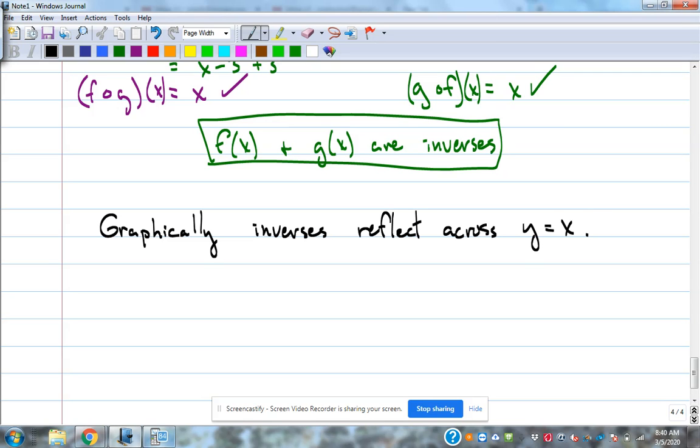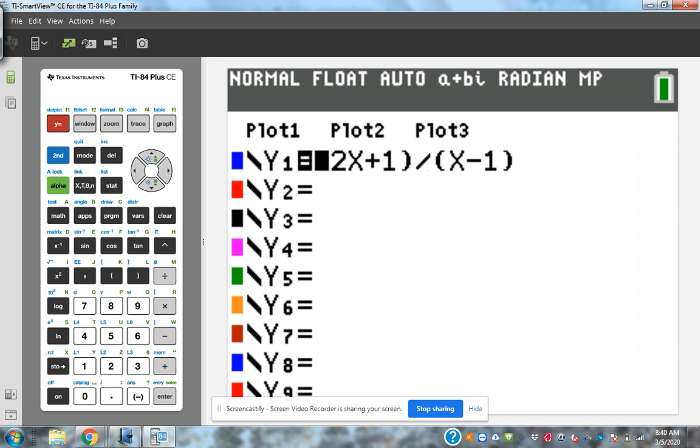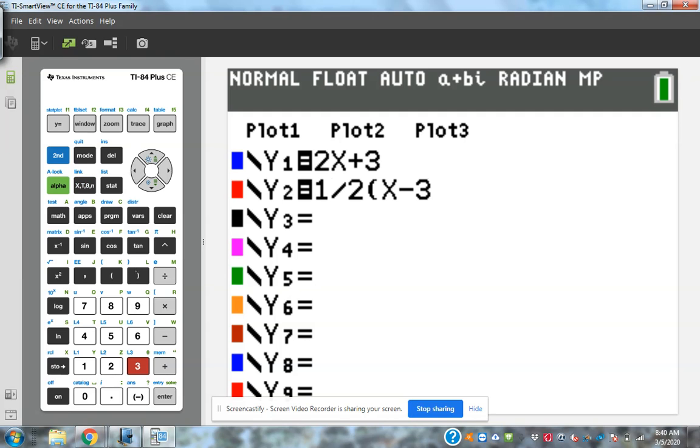So if we graph these two on the graphing calculator, y1 is 2x plus 3. And then y2, I'm going to do the 1/2 times the quantity x minus 3. And then on y3, I'm going to graph y equals x, so we can see that reflection line.